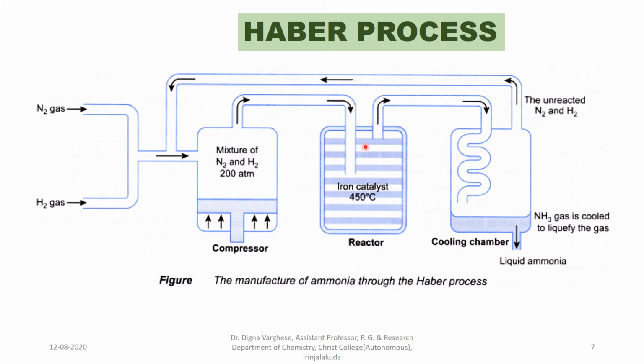And in this chamber, nitrogen and hydrogen are converted to ammonia, and it is passed through the condenser to the cooling chamber, and here the ammonia gas is cooled to liquefy the gas, and the ammonia is collected as liquid ammonia. If any hydrogen or nitrogen gas is unreacted, it is passed through this pump again to the compressor, and the process is repeated, and we will get ammonia by this Haber process.